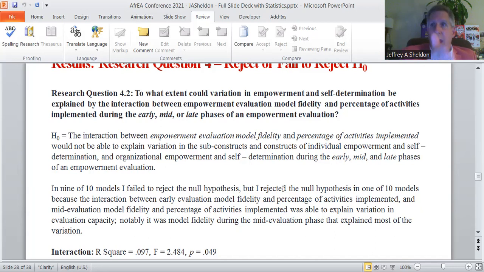Does it make a difference what you're doing at the beginning, at the middle, and at the end?